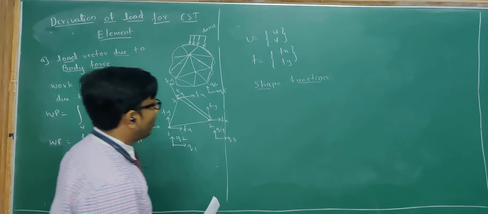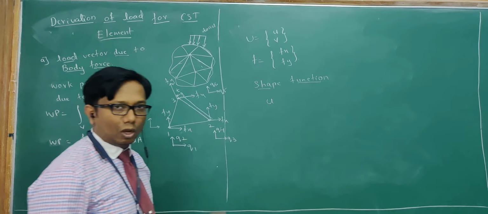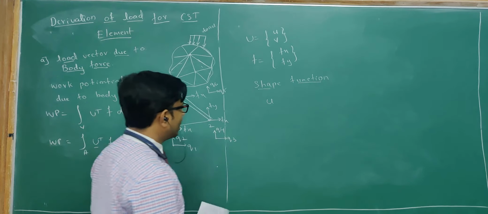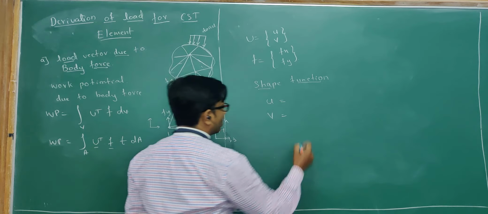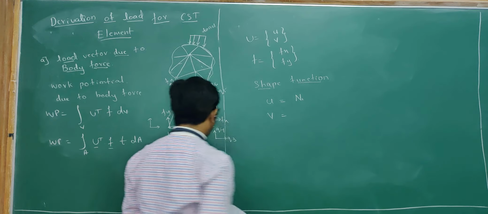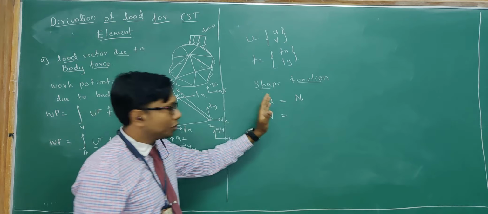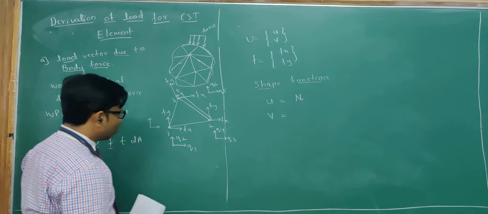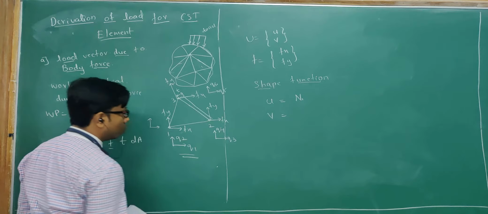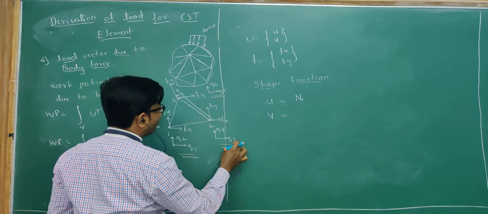So shape function, when I am writing it, I will be writing it for u, that is along the x-axis, as well as for v. First I write N1. What are the parameters? The nodal displacements. The shape function will give the relationship between the field variable and the nodal displacement. So the x-axis will have these three displacements: Q1, Q3, and Q5.